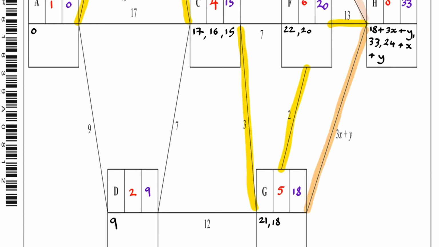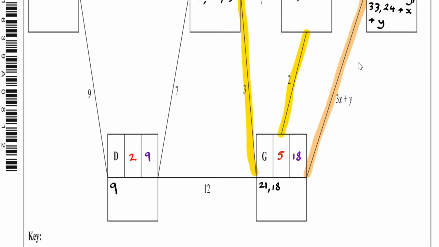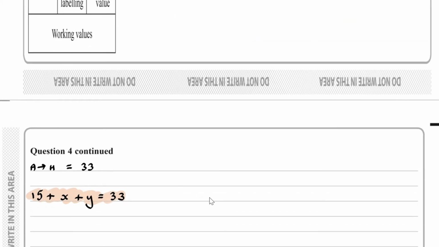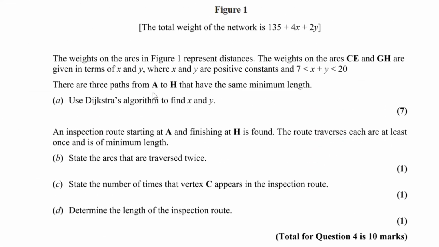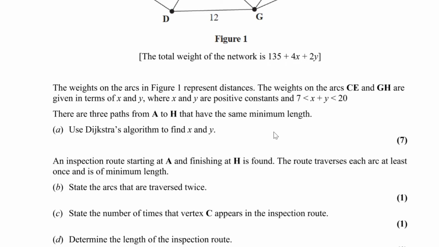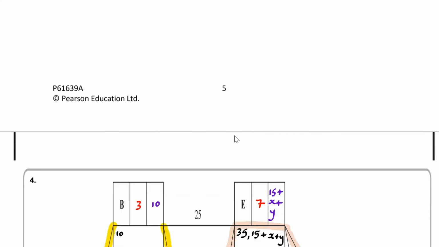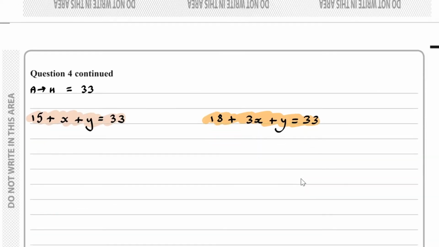So we have 18, if I write this down, we have 18 plus 3x plus y equals 33, and that corresponded to the other third route. And essentially that all comes from the fact that we have 3 paths from A to H which have the same minimum length. If we just underline this, it's quite an important thing to recognize. So that's why we have 3 paths.